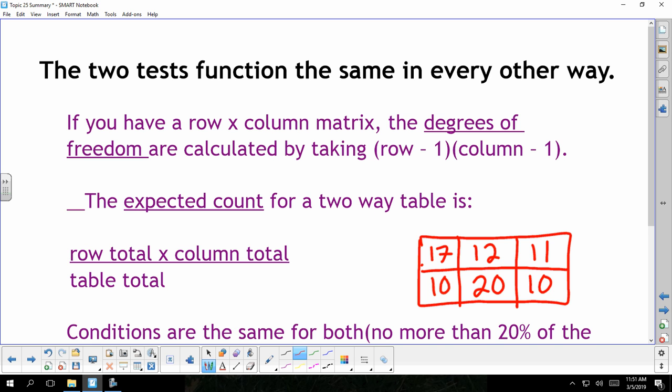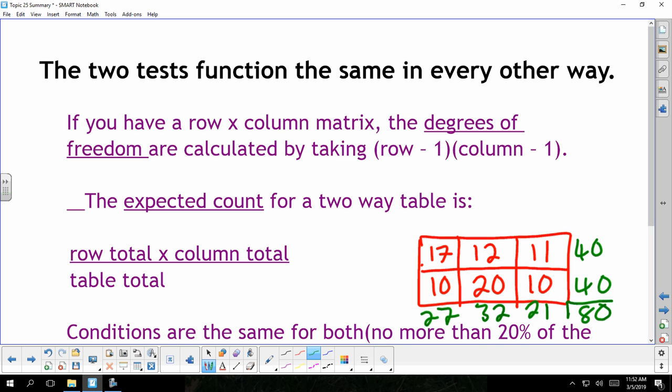And we have our totals here: 27, 32, 21, 40, 40. And our table total right there is 80.